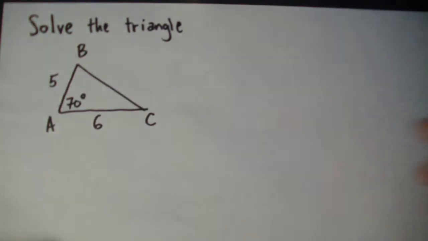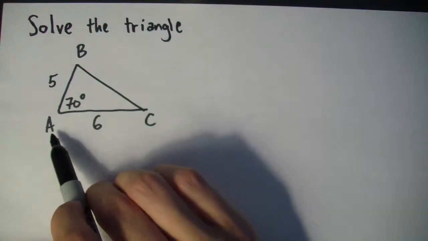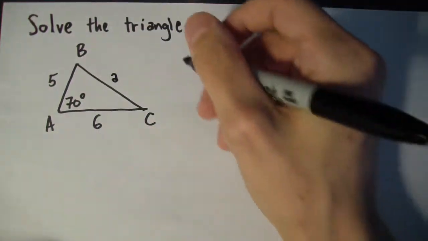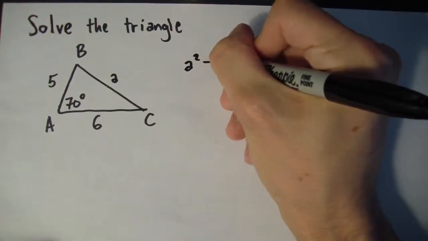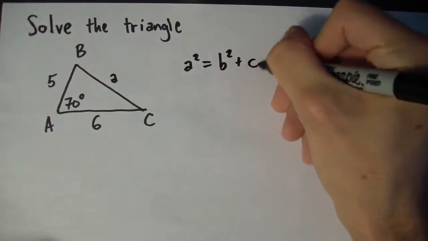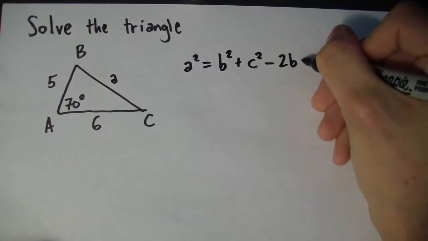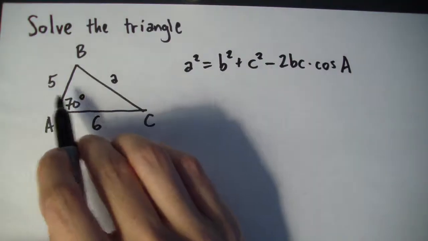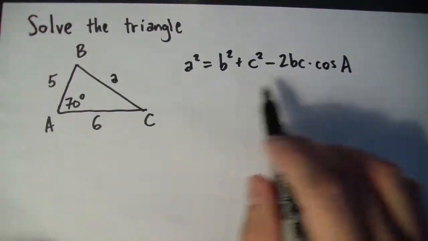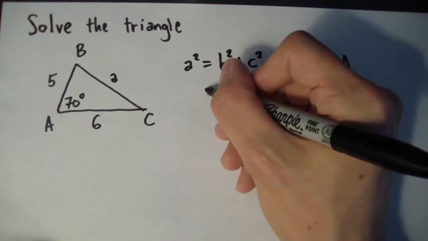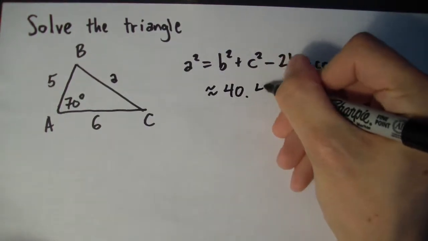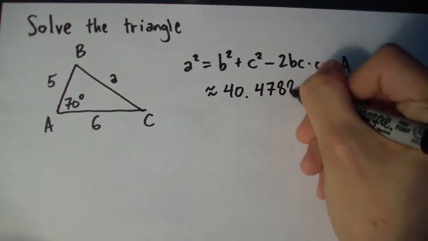And the law of cosines that we want to use here is the one that relates side A, which is our unknown side here, with the angle A. So that's going to be the form a squared equals b squared plus c squared minus 2bc times the cosine of A. And notice we know side B, we know side C, and we know A. So we can plug in, and when we evaluate all this, we find that this is 40.4788 approximately.